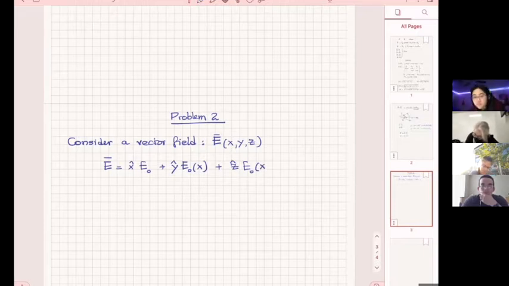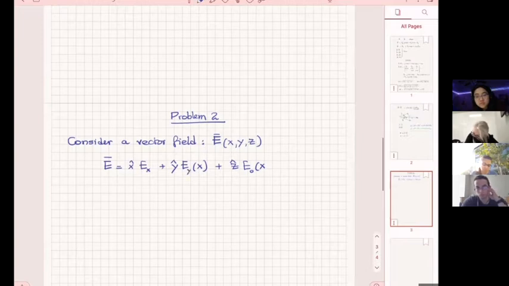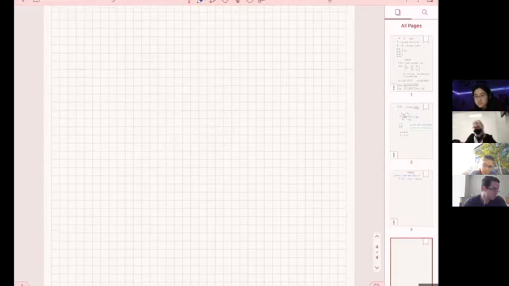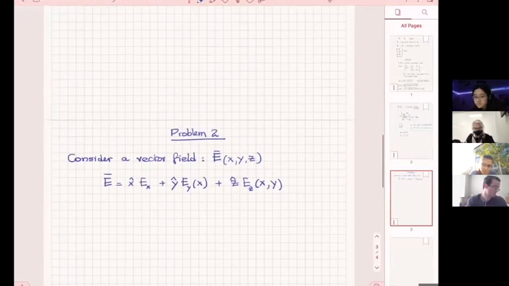Wait a second. This is E naught, but I will put EX, then EY, and EZ. I don't know who is going to make that field, but let's assume that there is a vector field like this.